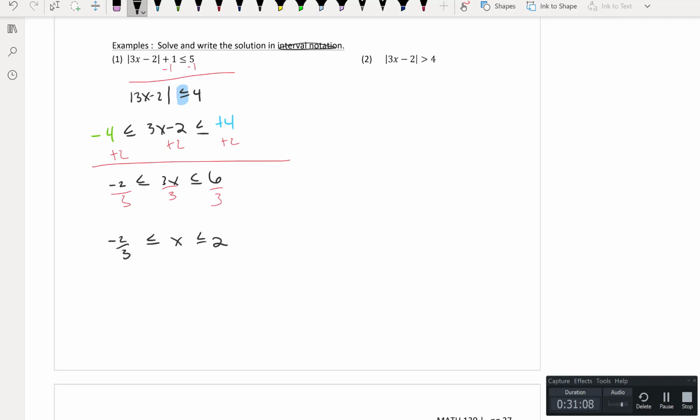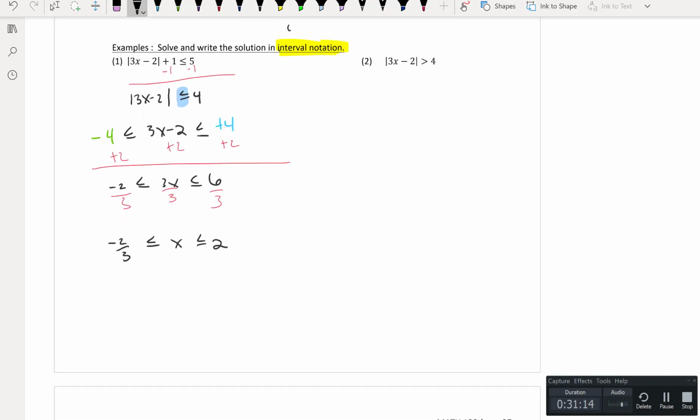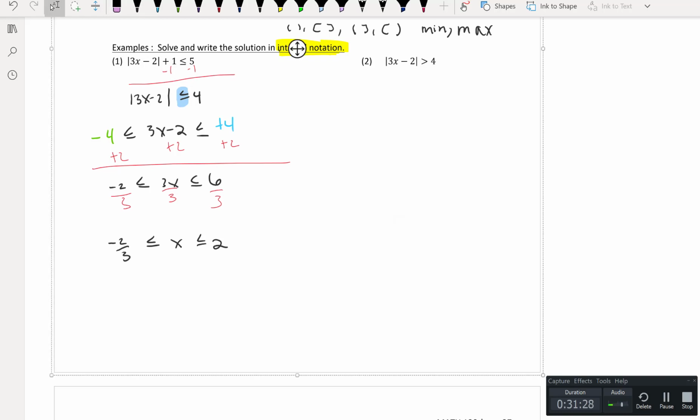So for interval notation, remember that's the thing that has the parentheses, the brackets, the parentheses and brackets, or the brackets and the parentheses, when it goes from your minimum value to your maximum value. So you're just like, oh yeah, that thing, I remember that. Well, okay, it looks like the smallest number is going to be -2/3.